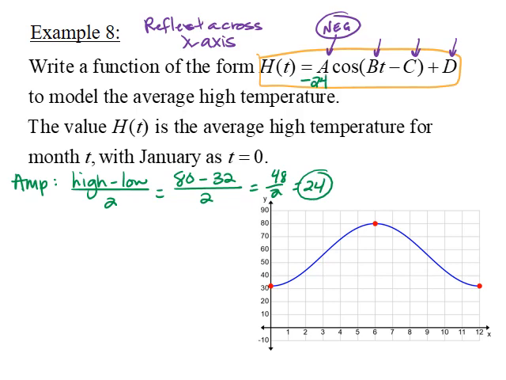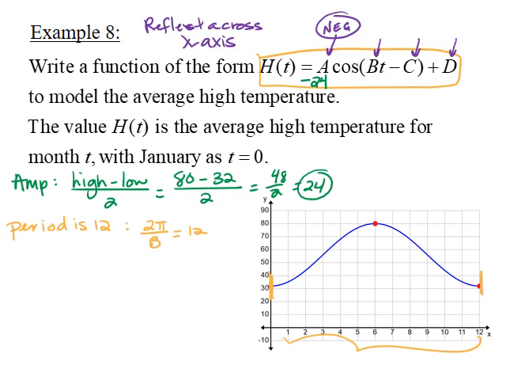Okay. The period is the length of an entire cycle. And we know that this full cycle is 1 year or 12 months. So if the period is 12, then 2 pi divided by b is equal to 12.